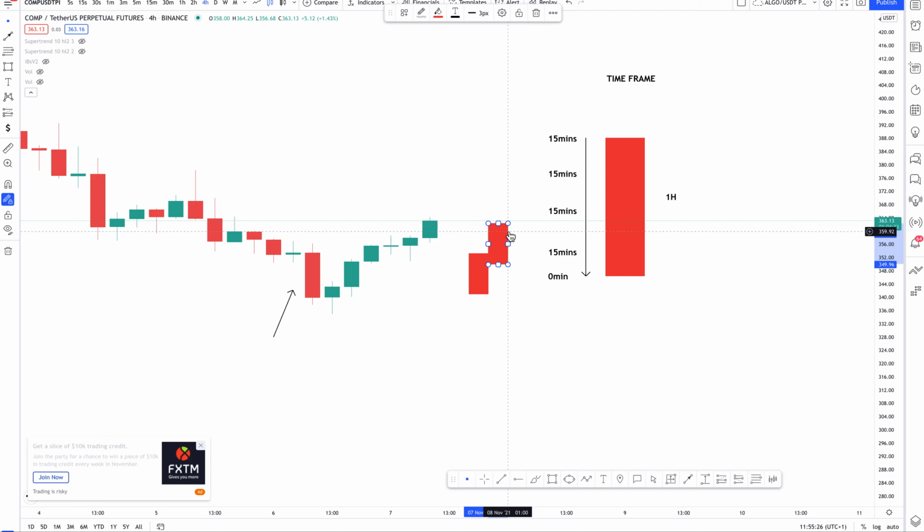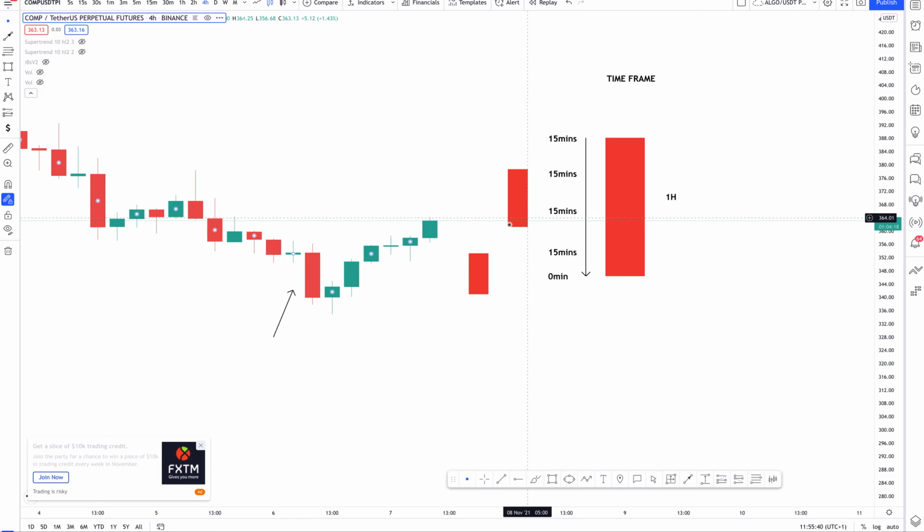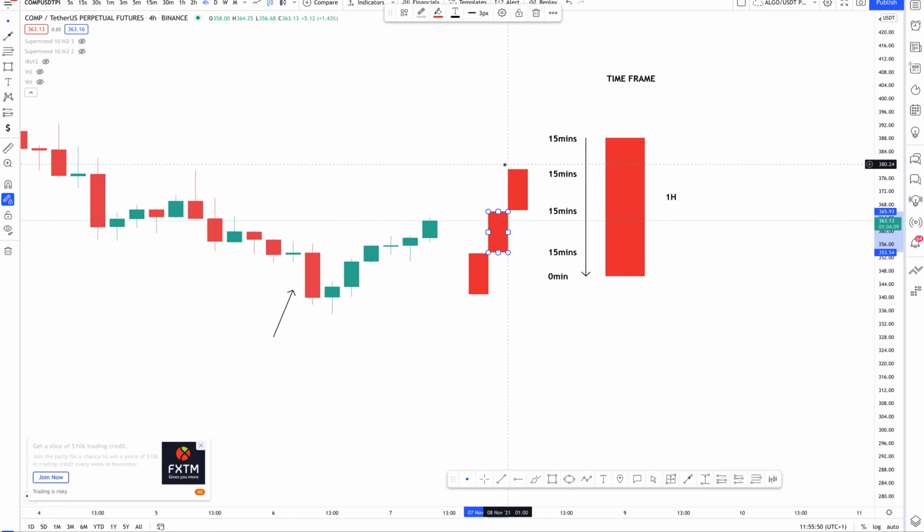Let me just use clone. Now ignore the color, whether it's a falling candle or an ascending candle. It means you get 4 of these candles in this movement.